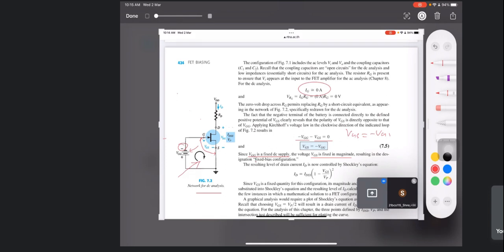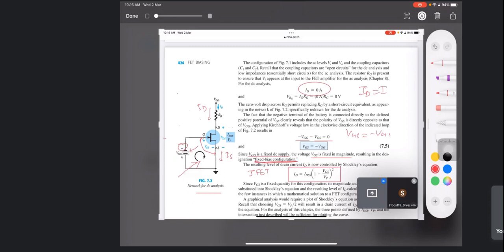That's why its name is fixed bias configuration. Because this is a JFET, ID is equal to IDSS times (1 minus VGS by VP) whole square. This is how the current flows: ID is there, IG is 0, and IS is there.